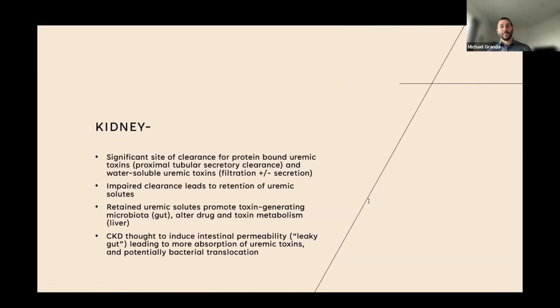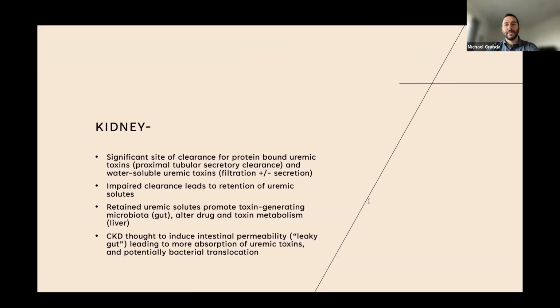So obviously the most important stop on this axis, the kidneys are the main route of elimination for all uremic toxins. While many of them can also be filtered, the majority rely on tubular secretion for clearance. When the kidneys fail to clear these solutes, the increased levels of uremic toxins select for toxin-generating bacteria in the gut and can alter drug and toxin metabolism in the liver.